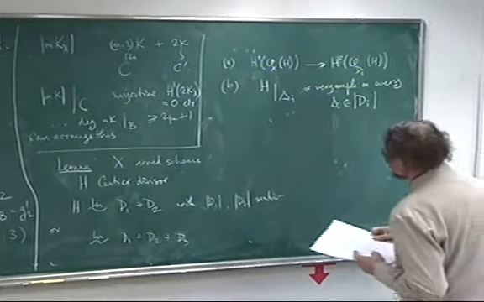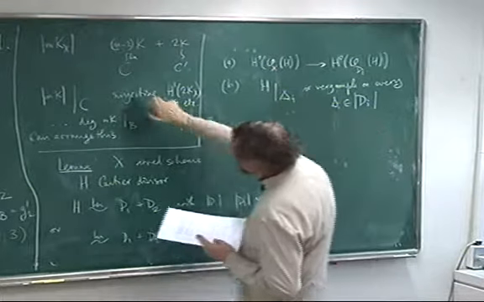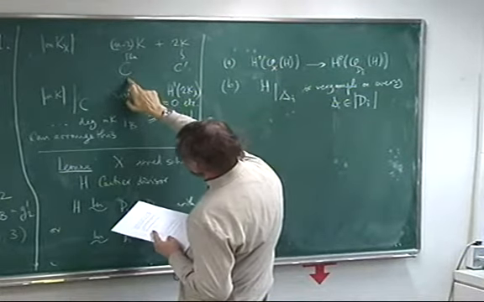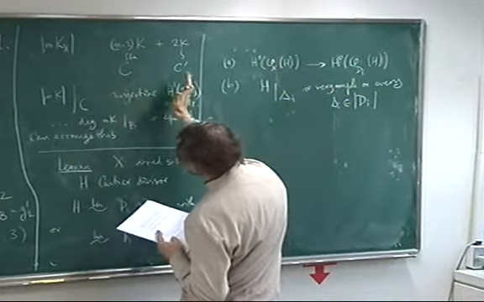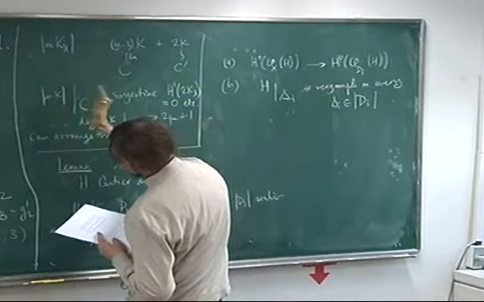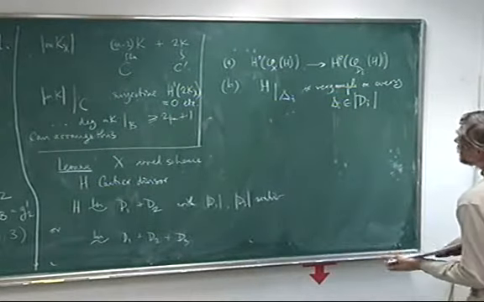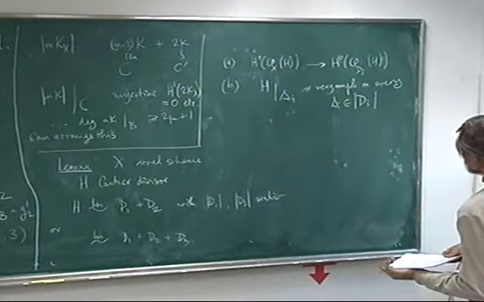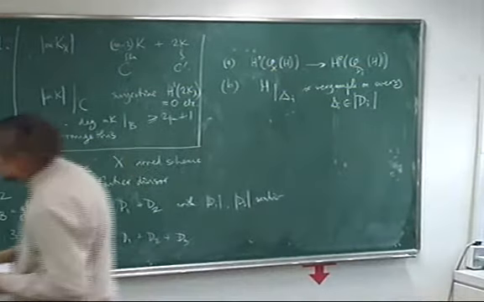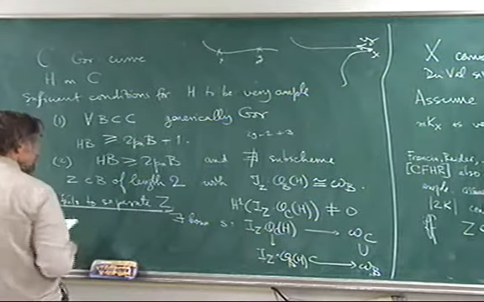And we also know that h restricted to each of these curves, so now I take any curve in this linear system, not just the fixed curve C, I take any curve in that linear system, and h restricted there is very ample. So in the application, I'm just going to be using this criterion.